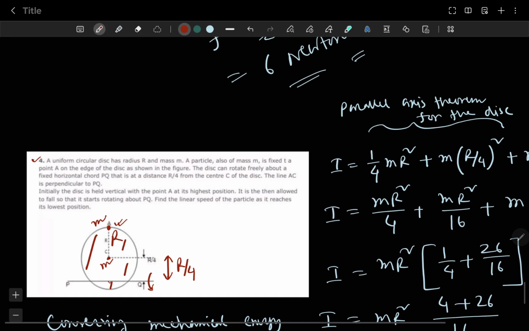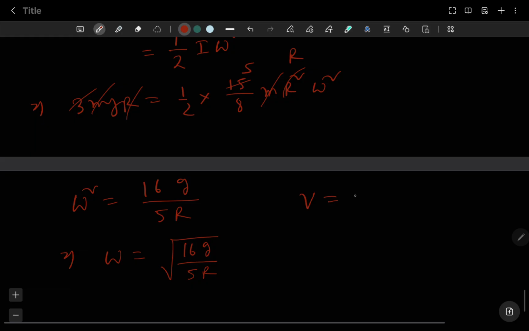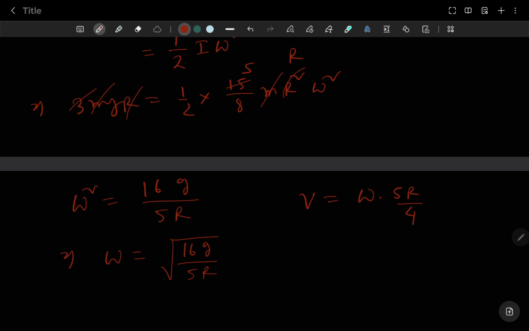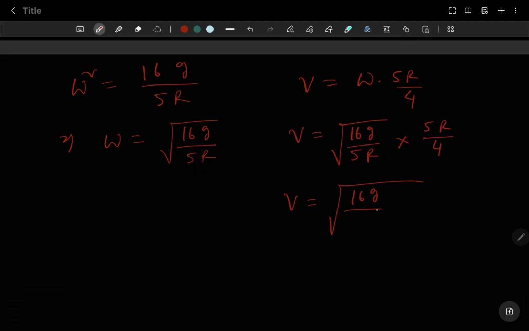Now what they have asked in the numerical is the linear velocity of this point particle. This point particle is at a distance of 5r by 4 from the axis, so the linear velocity will be v equals omega into 5r by 4, isn't it? So it will be root over 16g by 5r into 5r by 4, that is root over 16g by 5r into 25 r square by 16.